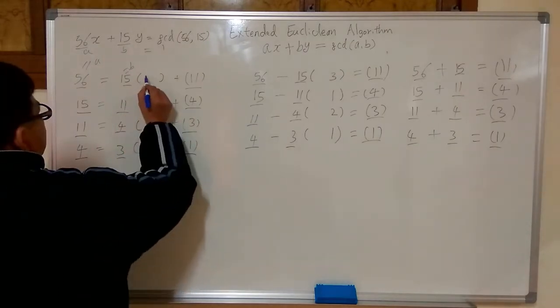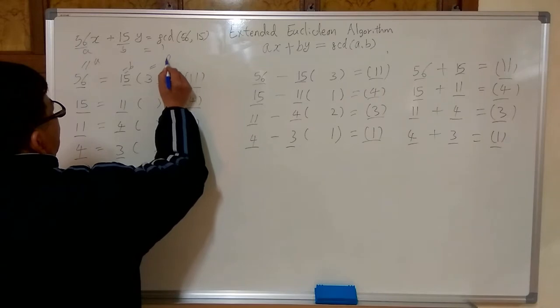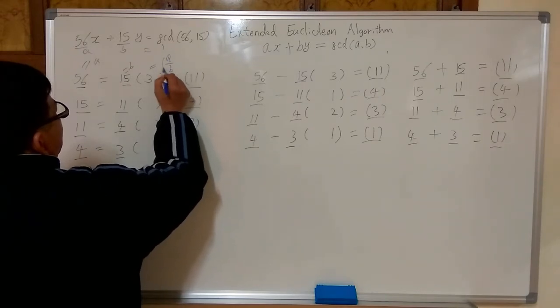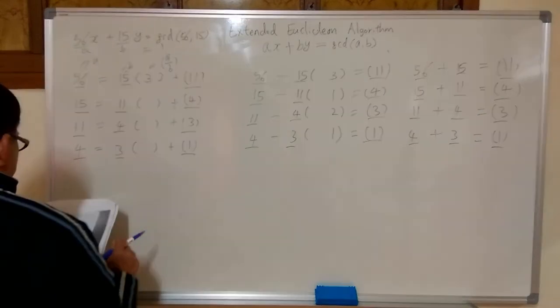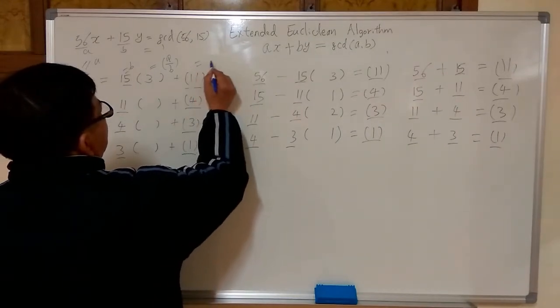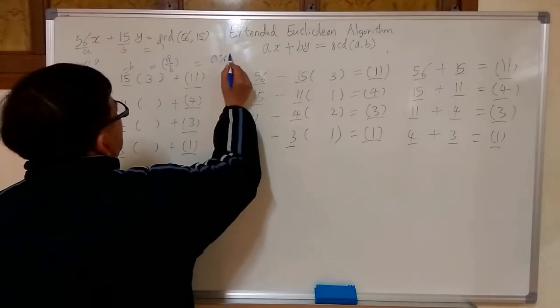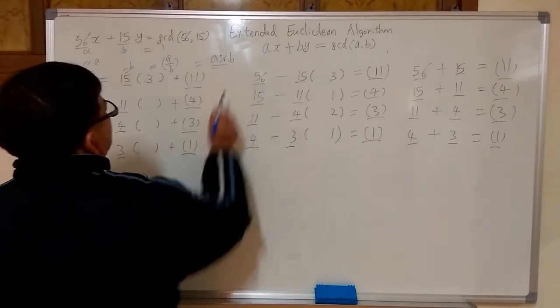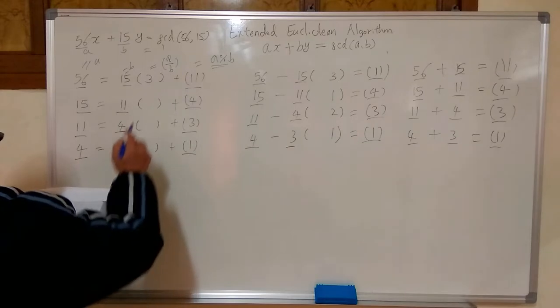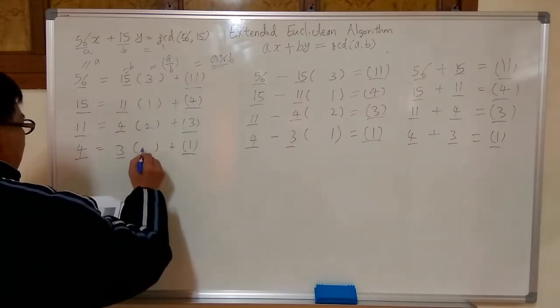This value is 3, and it is calculated like this: A, B over A is this value, and this value 11 is the remainder, A modulo B. So the values would be 1, 2, 1.